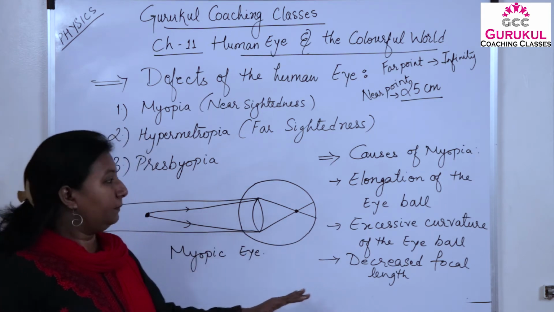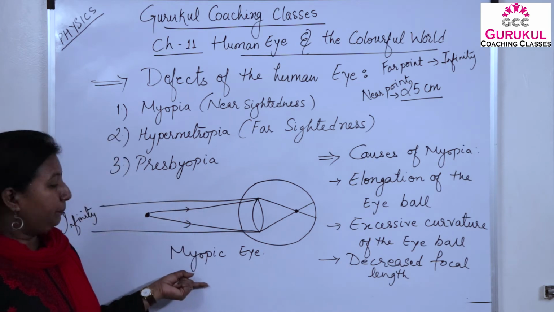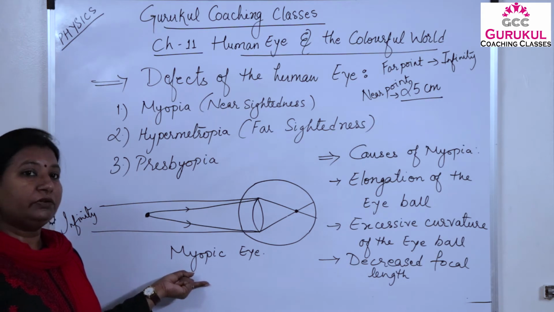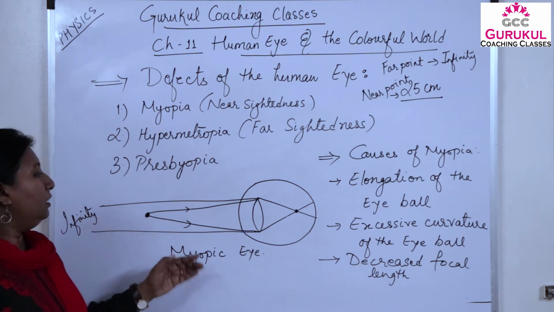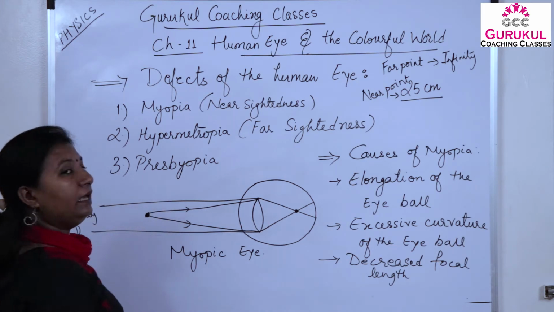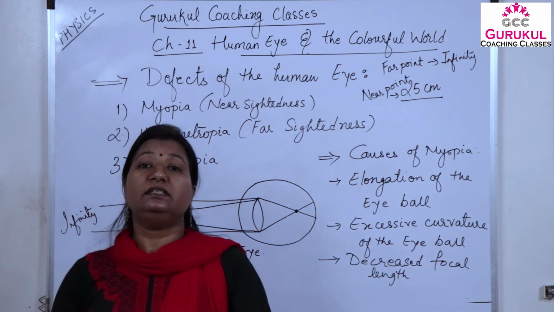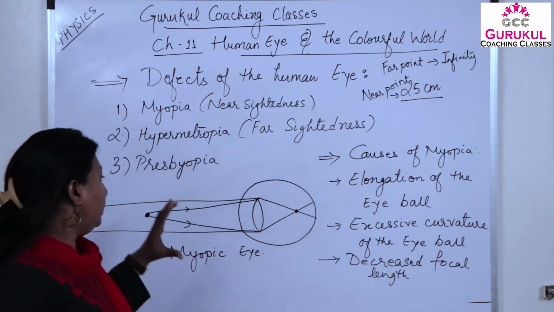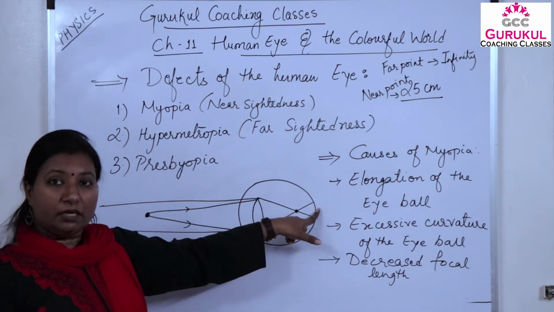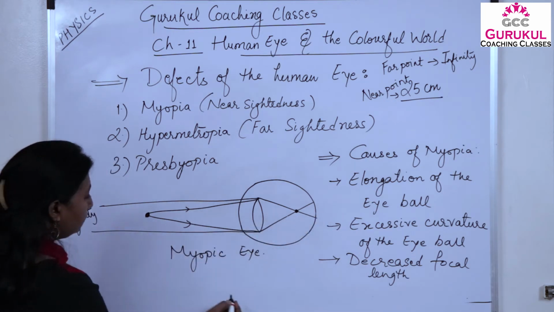So when the person is suffering from myopia, they can't see the faraway objects, they can see only the nearby objects. To rectify this defect, we are using the concave lens, because a concave lens is a diverging lens. So it will diverge the rays and ultimately the image of the object will form on the retina, right?